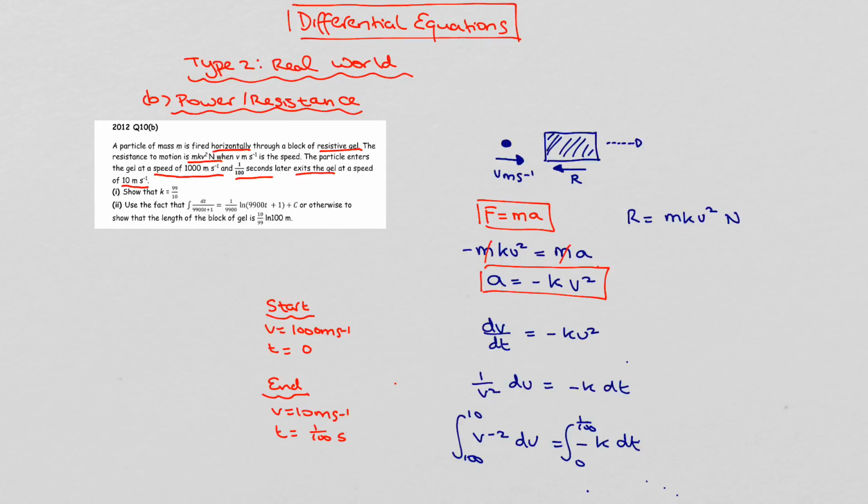Okay, so let's integrate. With respect to v on the left-hand side, I'll add 1 to the power and divide by the new power. So that becomes v to the power of minus 1 over minus 1 within the limits of 10 and 1,000. And on the right-hand side, if I integrate a constant with respect to t, well, I'm going to get minus kt within the limits of 1/100 and 0. So, of course, v to the minus 1 over minus 1 is just going to be minus 1 over v.